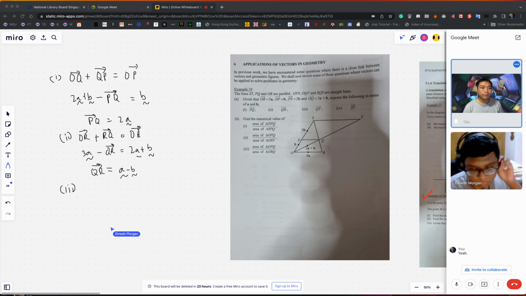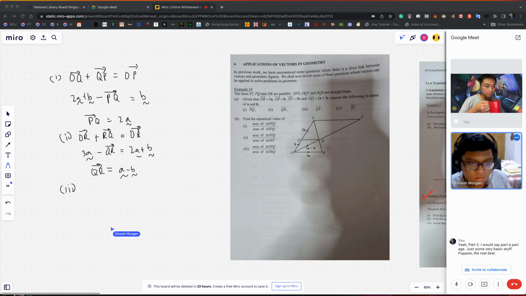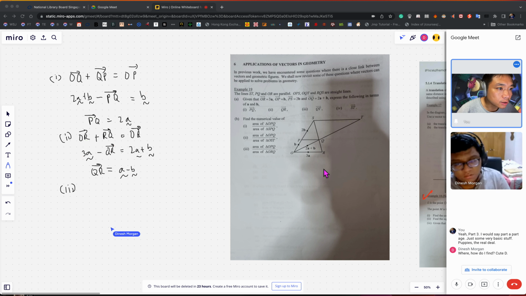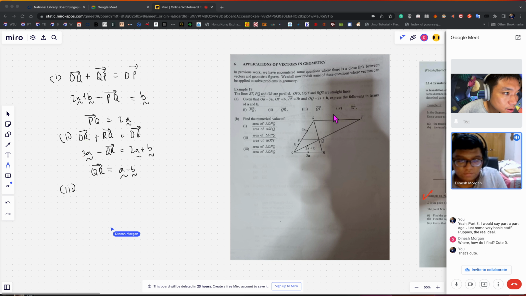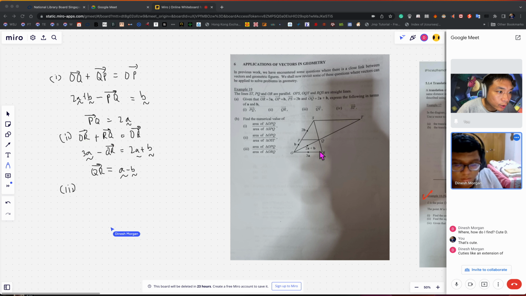Yeah, part 3. Okay. I would say part A is just some very basic stuff. Part B is the real deal. Well, how do I find QT? Where's QT? Let's take a look. QT is like an extension of the OQ.